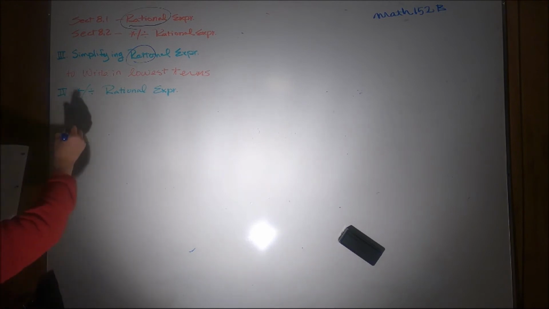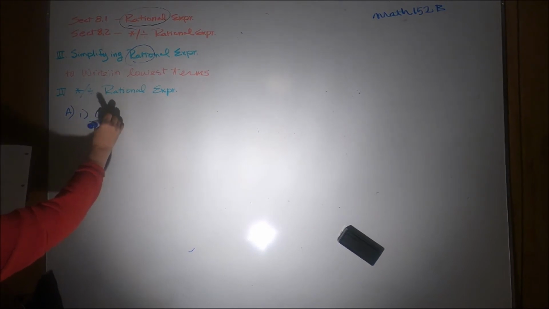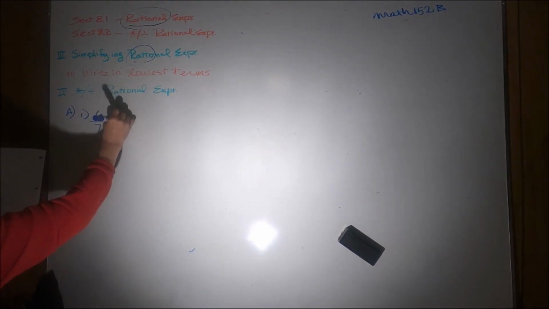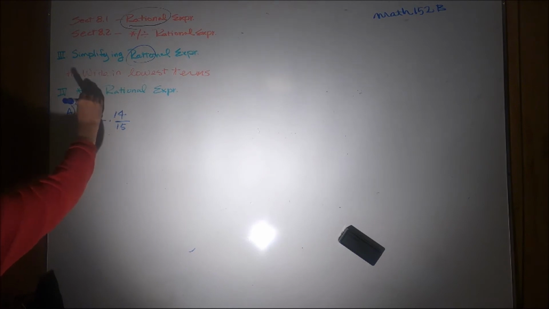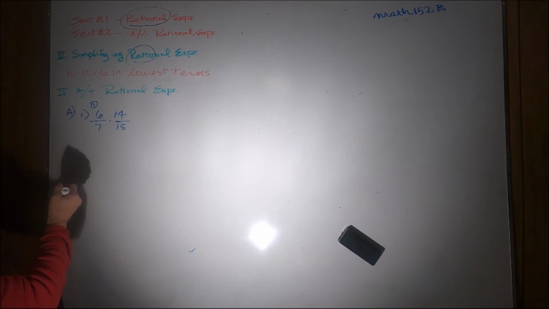So let's review the numbers first. If 6, 7 times 14 and 15, right? So method 1 is what? Method 1, we did the old way would be what?